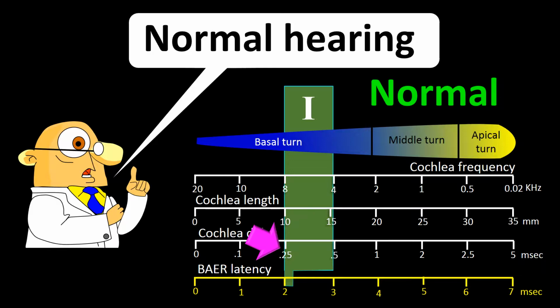That corresponds to a cochlear delay in the production of wave 1 of about 0.25 milliseconds, which translates to a wave 1 in the brain auditory evoked response with a latency of about 2 milliseconds from the stimulus.